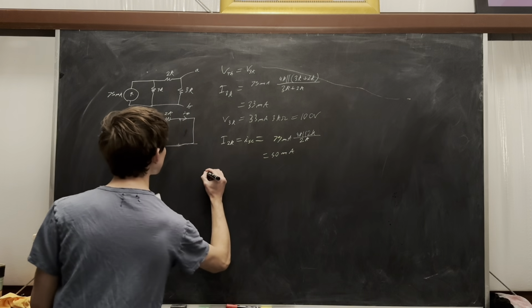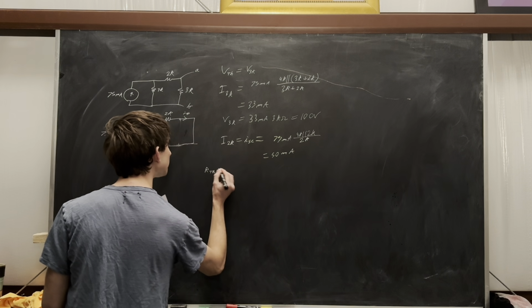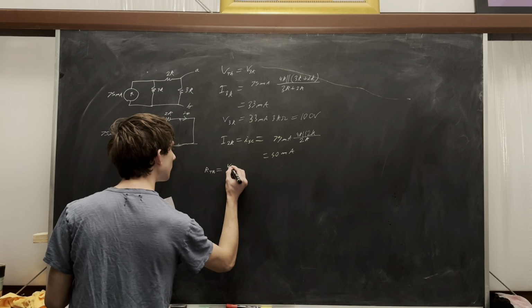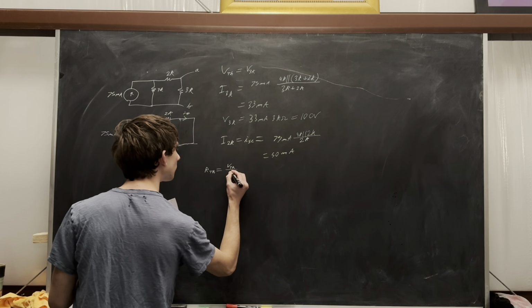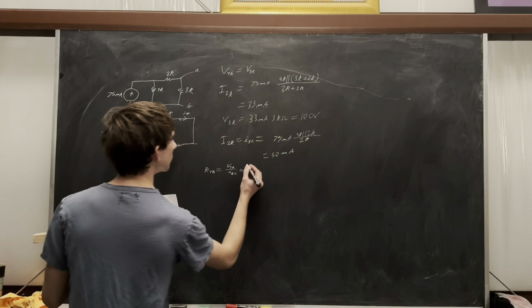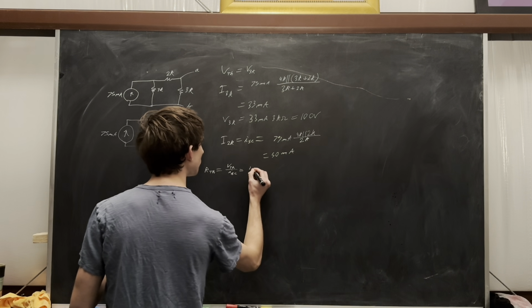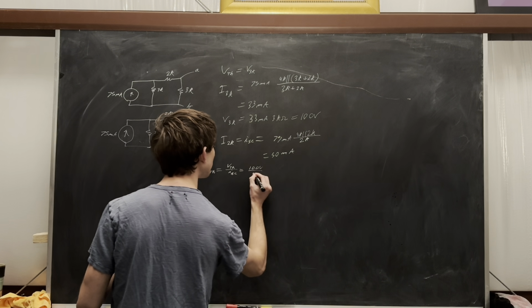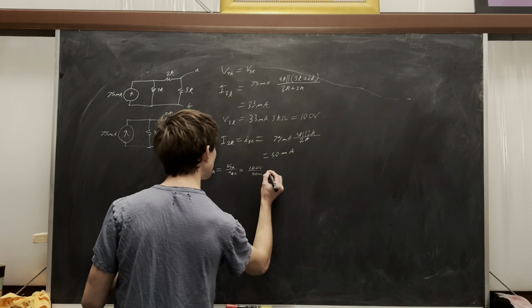So our R-Thevenin is V-Thevenin over that, 100 volts over 50 milliamps, which is just 2 kilo ohms.